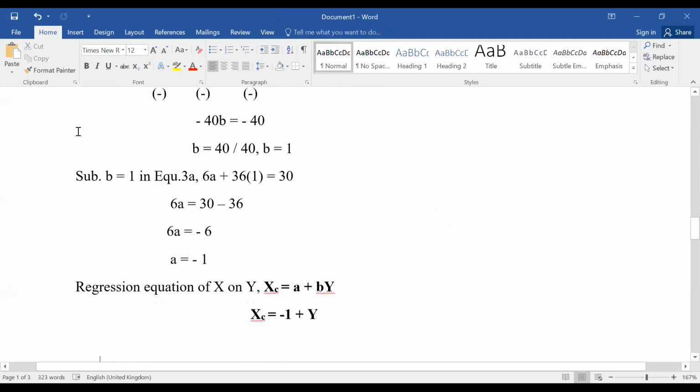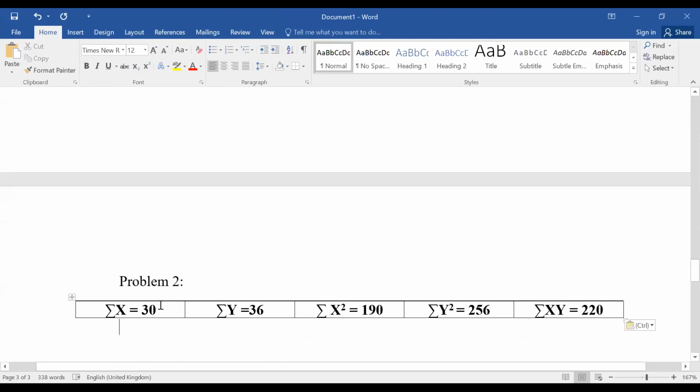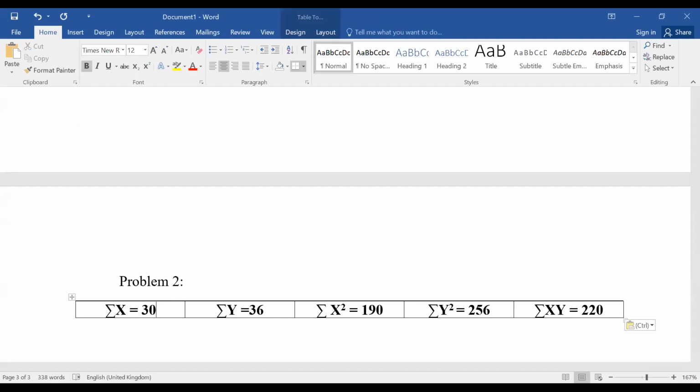Okay. Yes. Anyone got what is the summation X value? Those who got the answer, unmute and tell me.